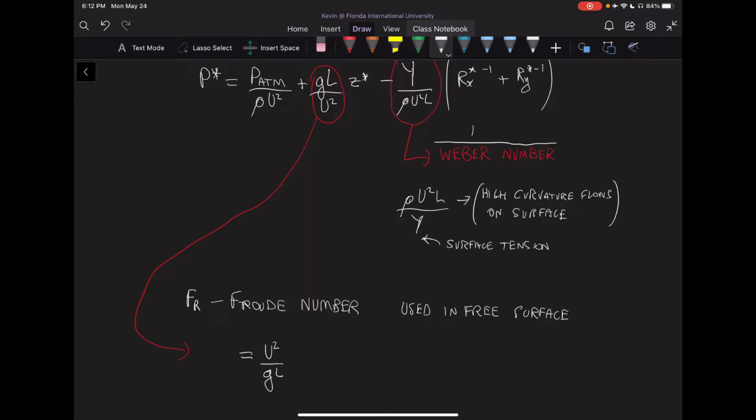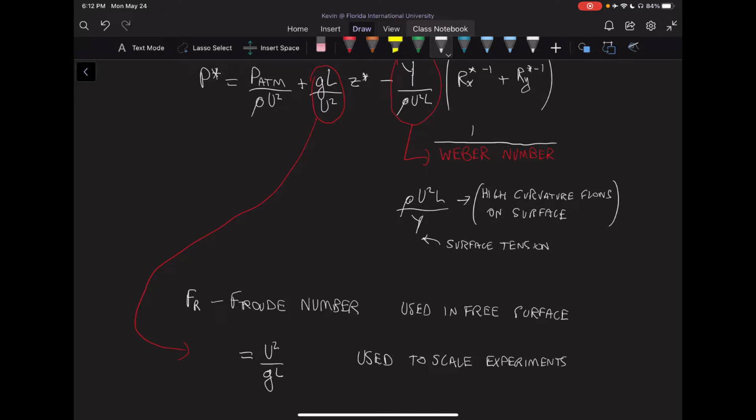As long as you keep your Froude number constant, you can do an experiment on a smaller boat that would yield the same u squared over GL. So it's very useful in scaling experiments, and all these parameters are really used for that reason.